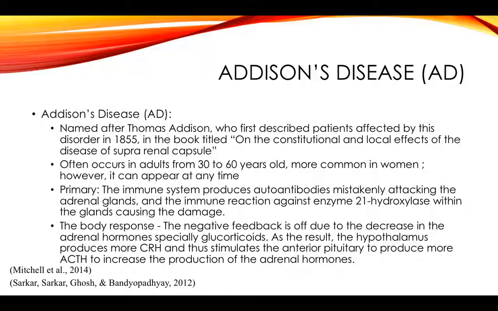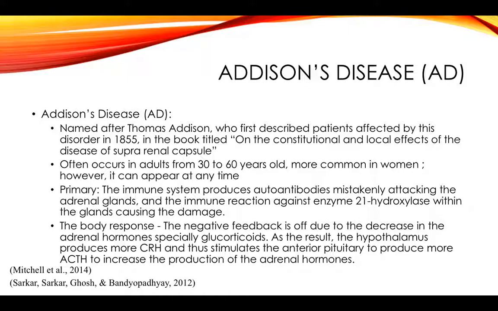So, Addison disease was named after Thomas Addison, who first described patients affected by this disorder in 1855, in the book titled On the Constitutional and Local Effects of the Disease of Suprarenal Capsule. The disease often occurs in adults from 30 to 60 years old and is more common in women.